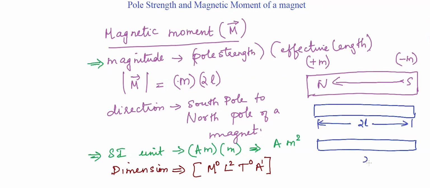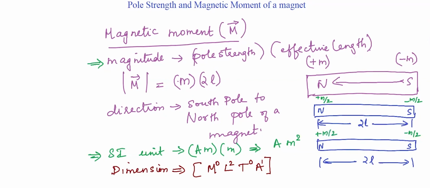Length remains constant. Again, North Pole and South Pole. But since we are cutting it lengthwise, the cross-sectional area is going to get reduced to half. Since we are cutting it into equal halves, the magnetic pole strength will become M by 2 minus M by 2. Again, the same with the second piece, minus M by 2 and plus M by 2.